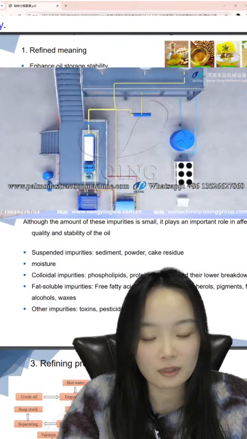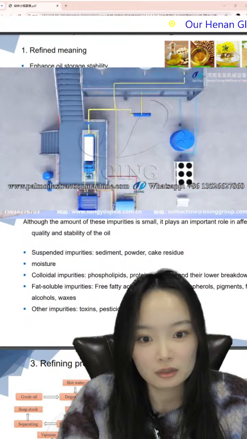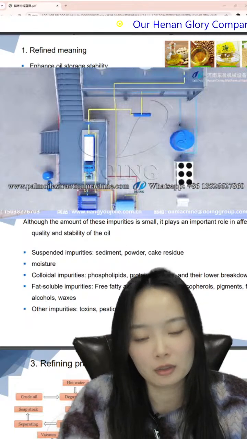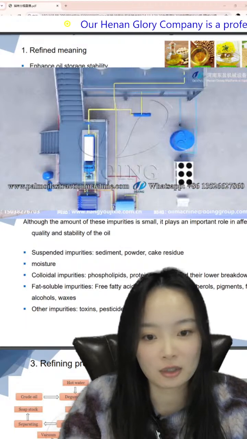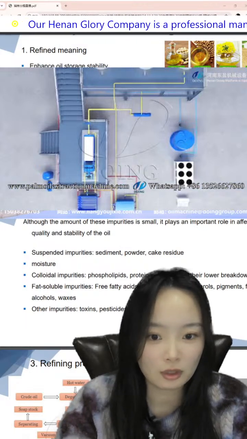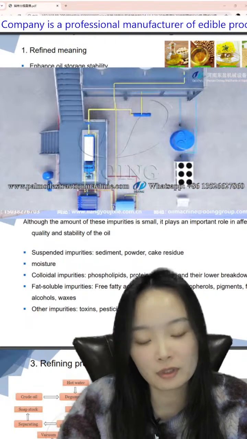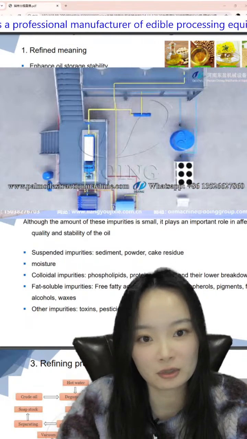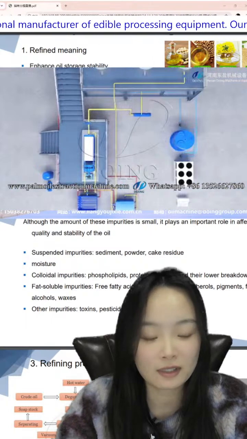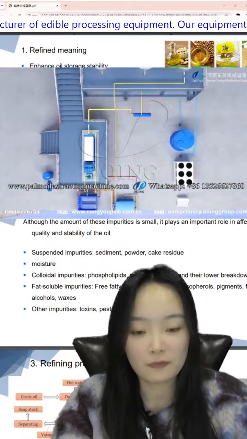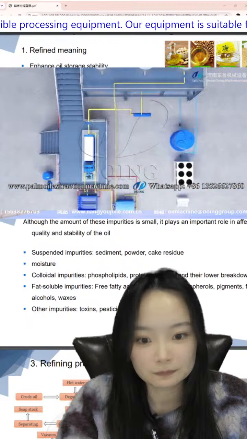And the second is moisture. After the refining, we will adjust the moisture in the crude oil, and then you can store the refined oil for a long time.